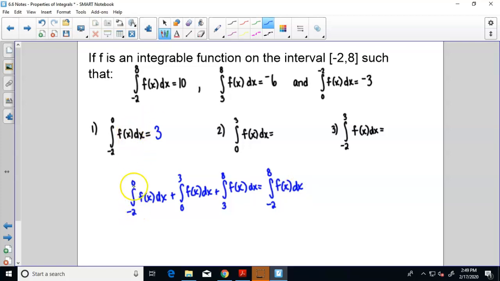We know the integral from -2 to 0 is 3. We do not know the integral from 0 to 3 of f of x dx. That is what we are trying to find. We know from 3 to 8 is -6. And we know from -2 to 8 is 10.